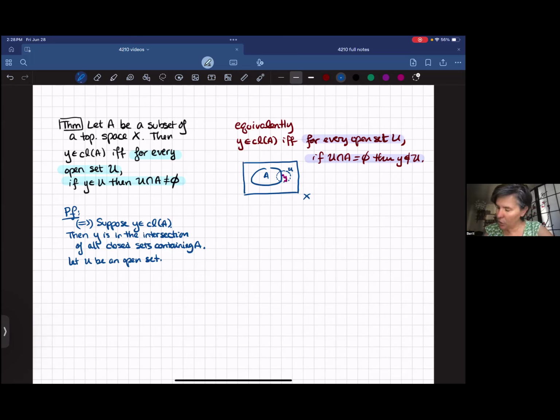Okay. Assume U intersect A is empty. Since U is open, U complement is closed.